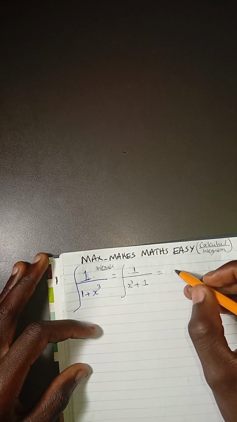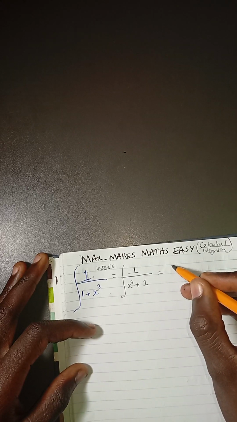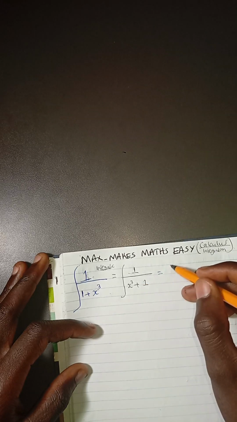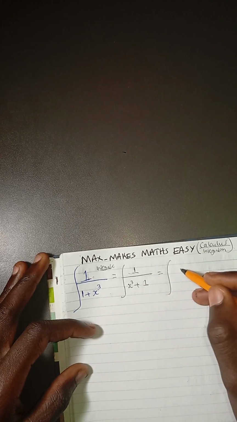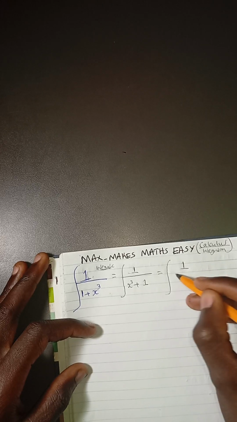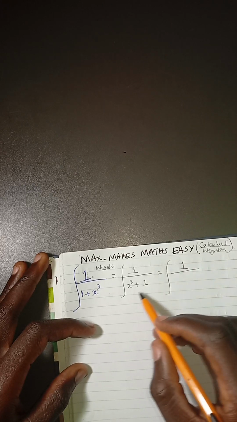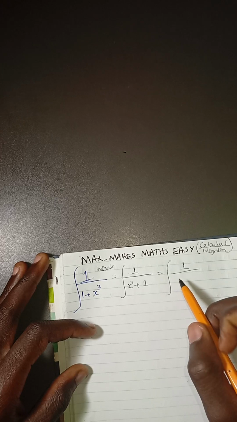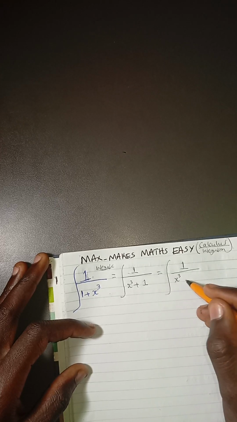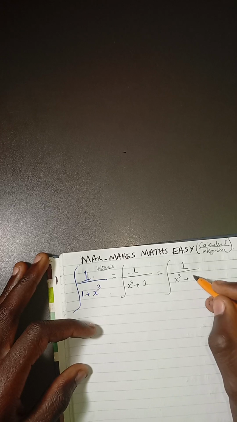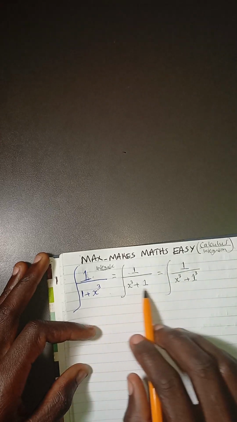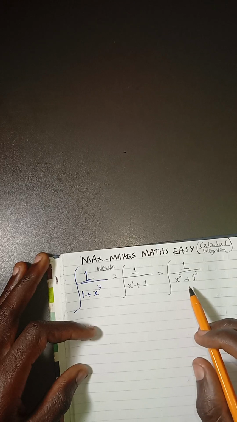And also here, you must know how to do addition of cubes. Remember, this is the same as saying x cubed plus 1 cubed. See, even here I've not changed anything.